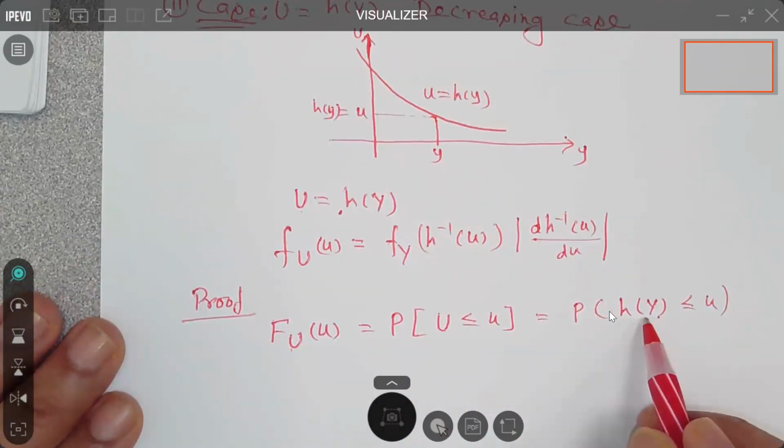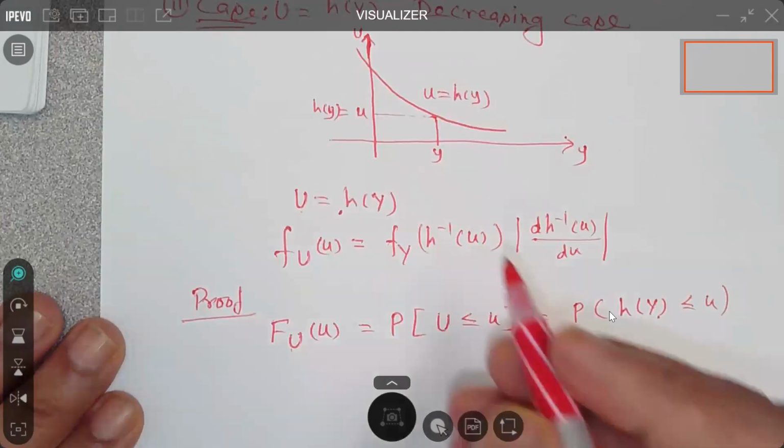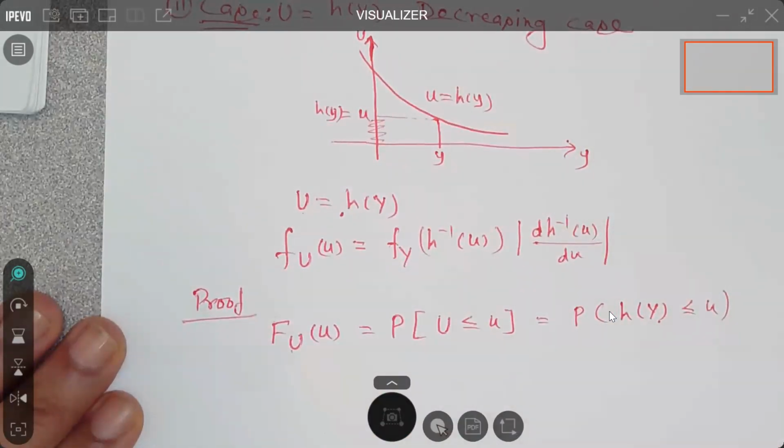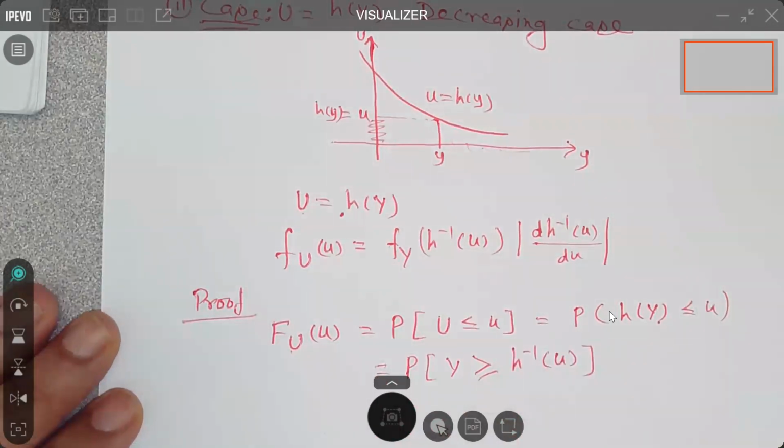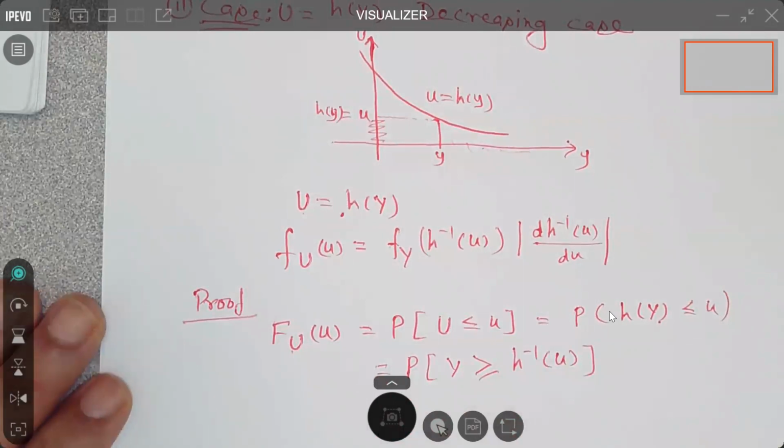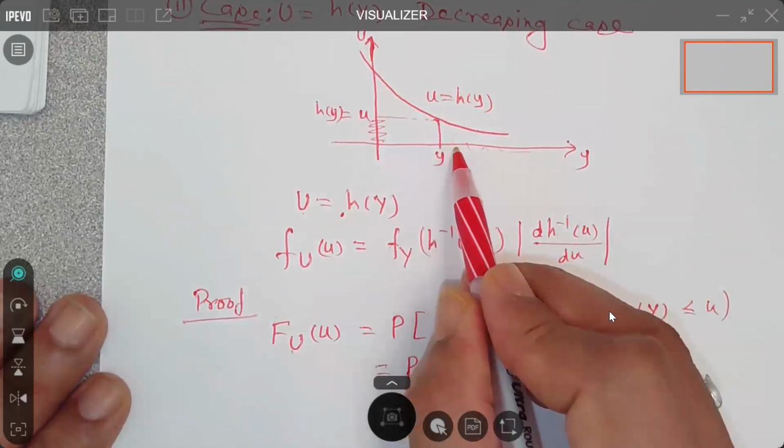So whenever you take the inverse, the probability becomes Y is greater than or equal to h inverse u, because it is a decreasing function.